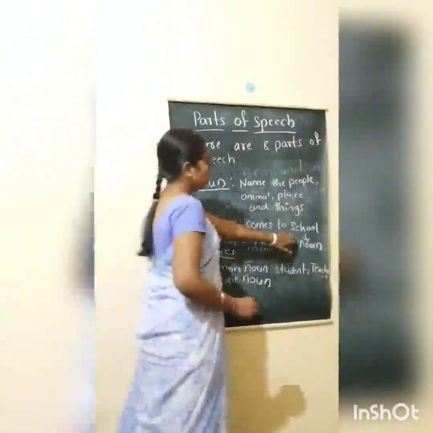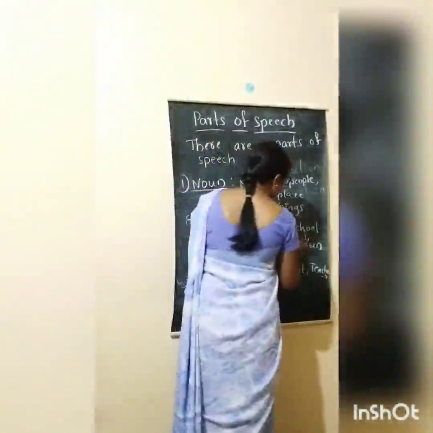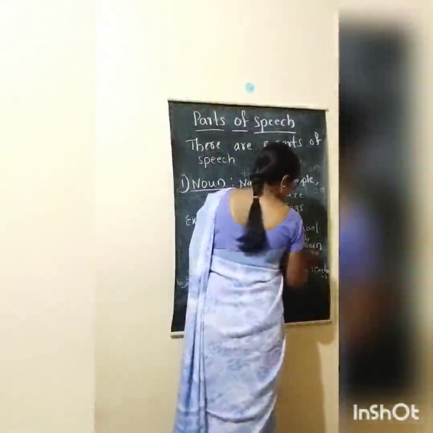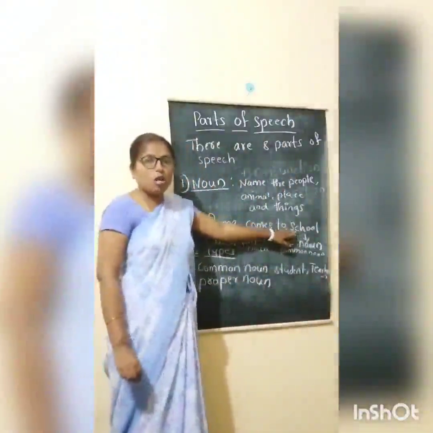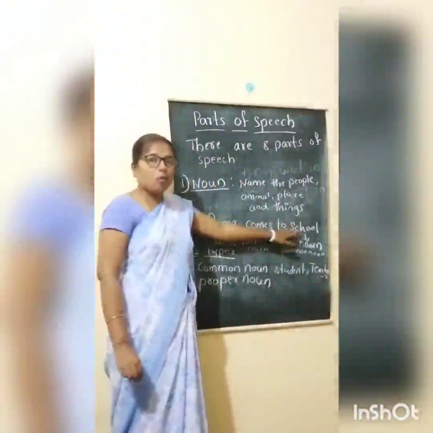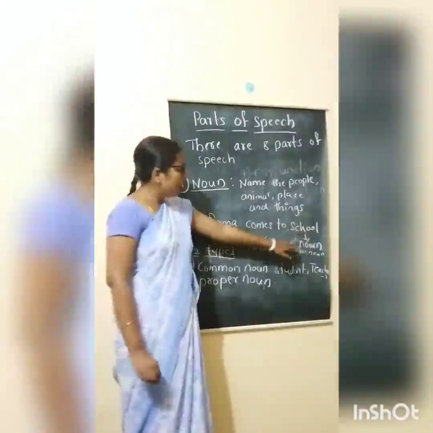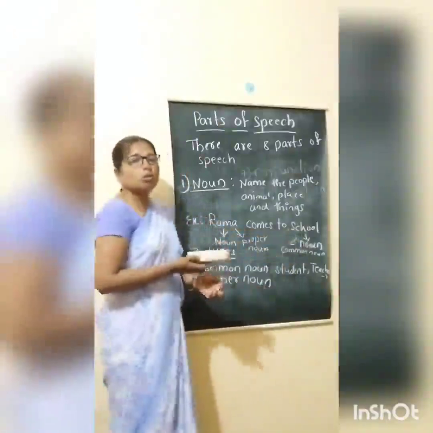And here school is a common noun, because there is no particular name of the school, we referred only to school. For that reason it is a common noun. This is all about noun.